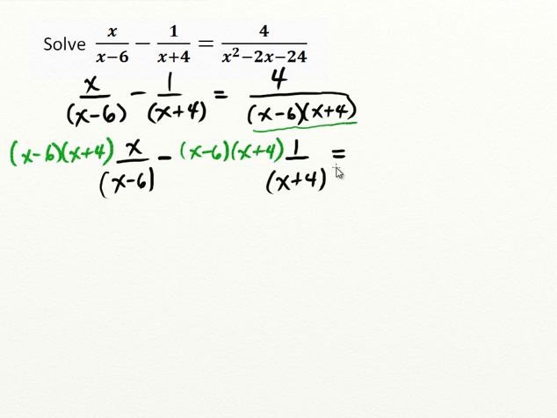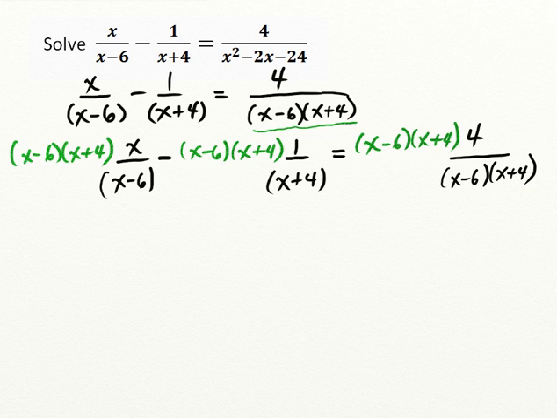And that is going to equal, and you guessed it, same thing on the right side, x minus 6 and x plus 4. And what is that multiplied by? Well, the term that's on the left, which was 4 over x minus 6 and x plus 4.